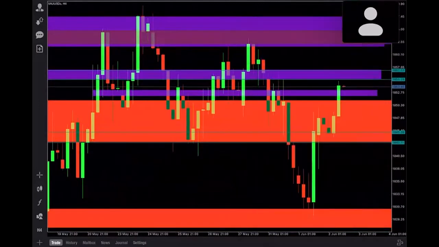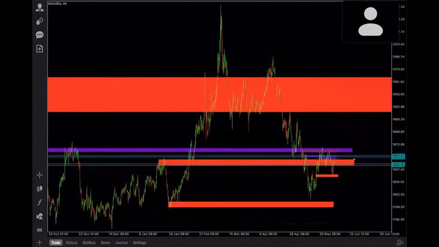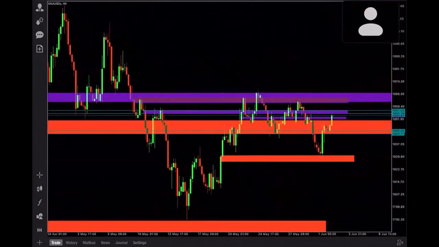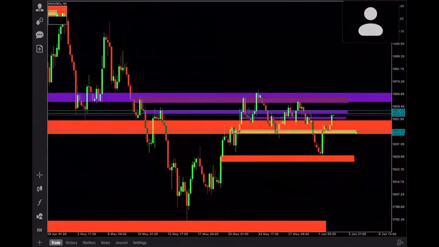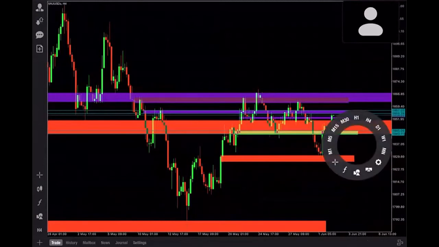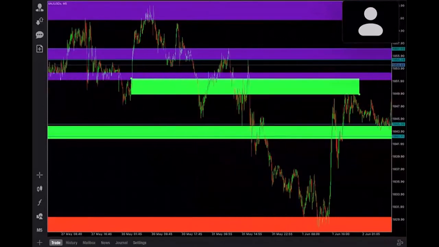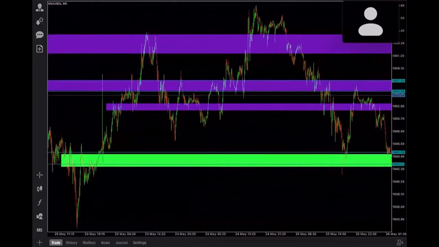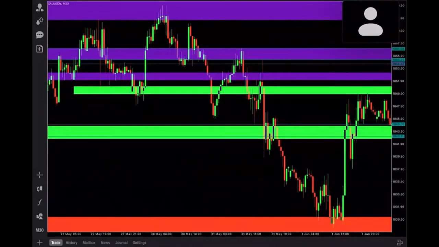Let me put give me some time. I'm just trying to label the important zones because right now we have, let me check.